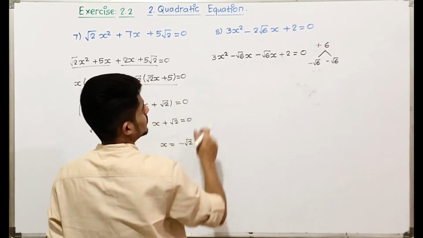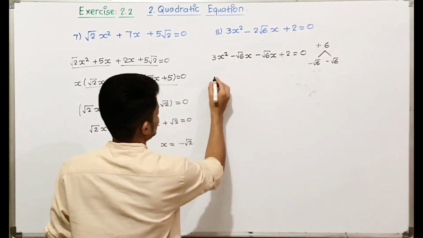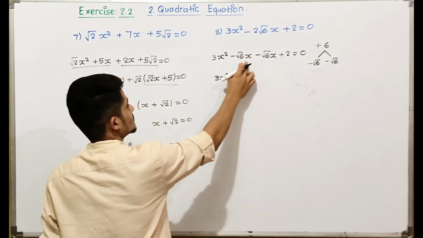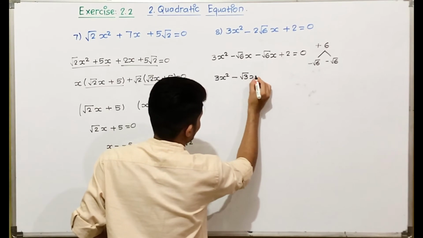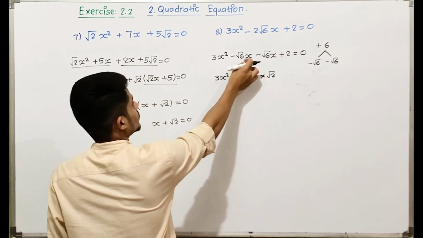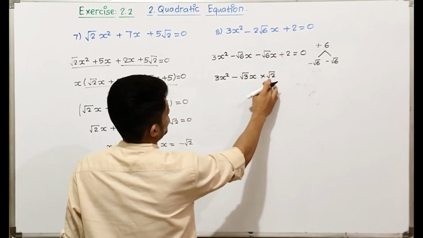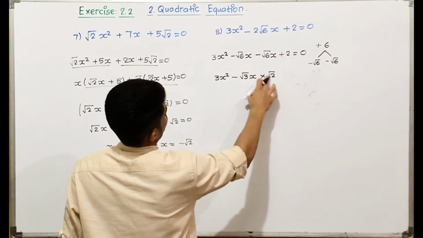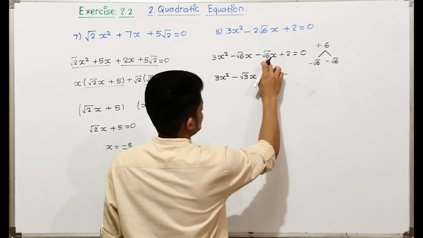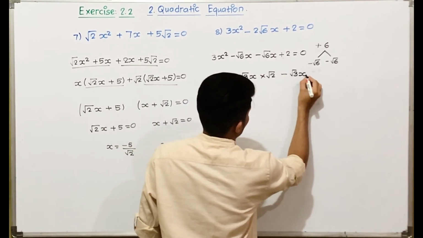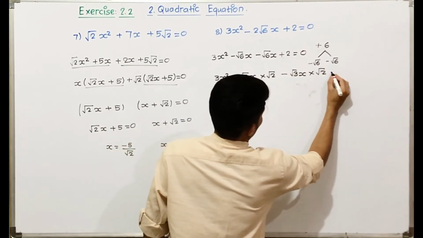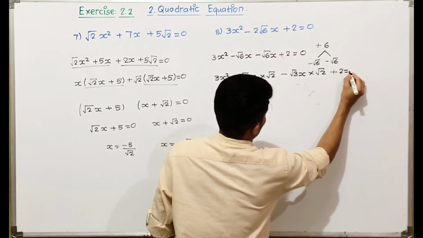Now in this sum we have to do one extra step. We have to split √6, that is √3x into √2. √3 into √2 is √6 and x as it is. Similarly, we split the other term, minus √3x into √2, and plus 2 as it is, equals 0.